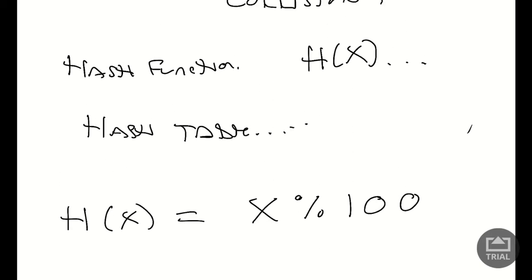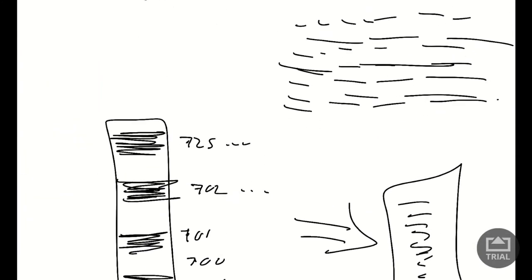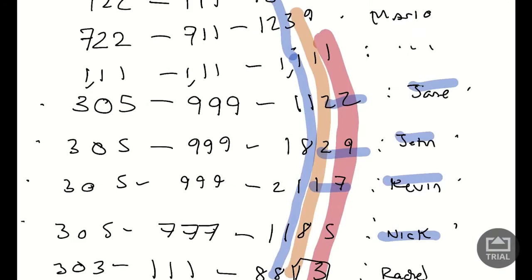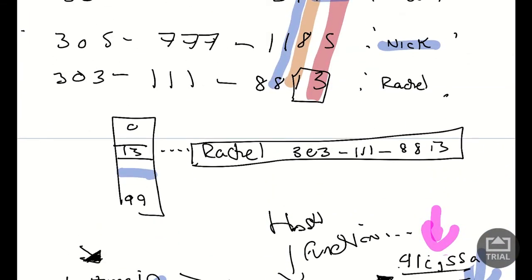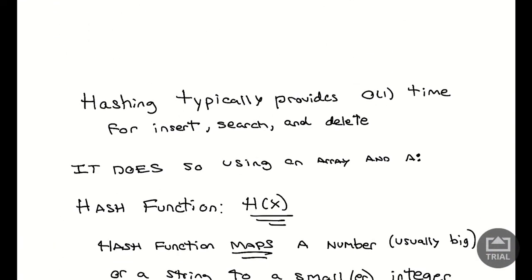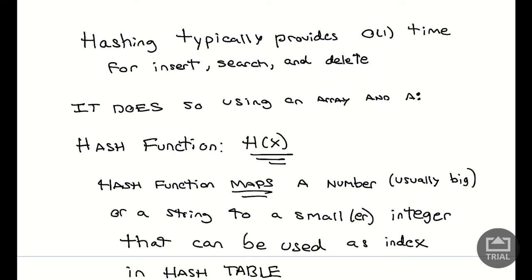Anyways, so hash functions. I think you get what the point is, what they are. A hash table is just a table where you store your information that you just hashed. So your phone numbers are stored in that table. That is a hash table. Hashing typically provides O of one time.